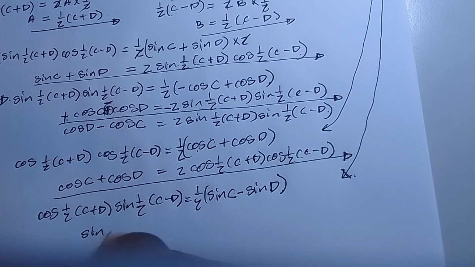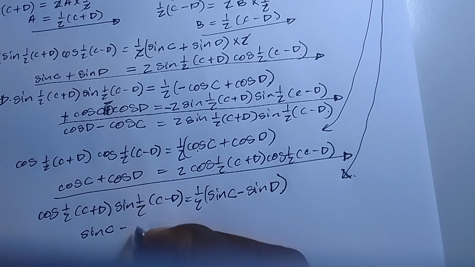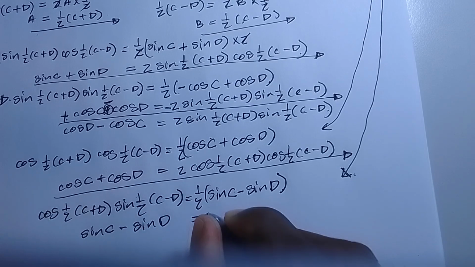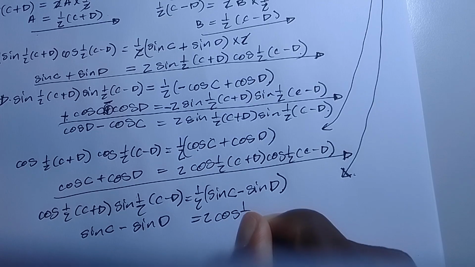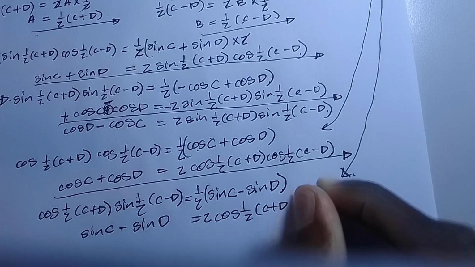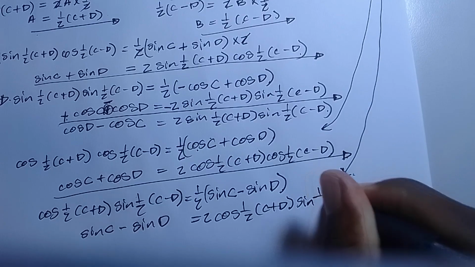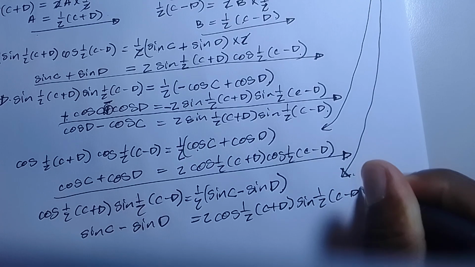We have sine C minus sine D is equal to 2 cos half C plus D sine half C minus D.